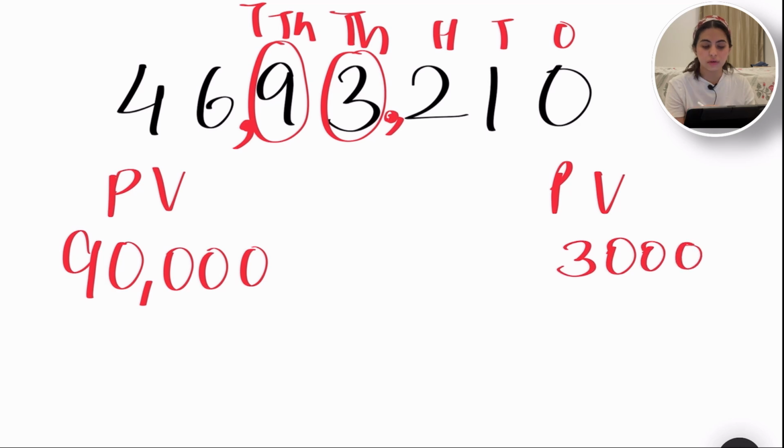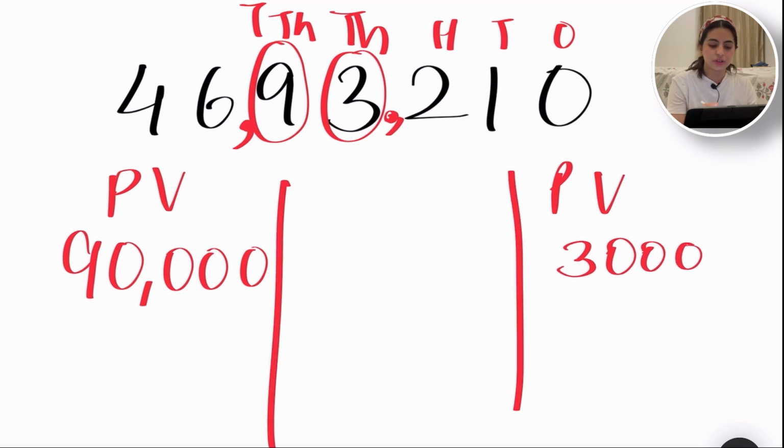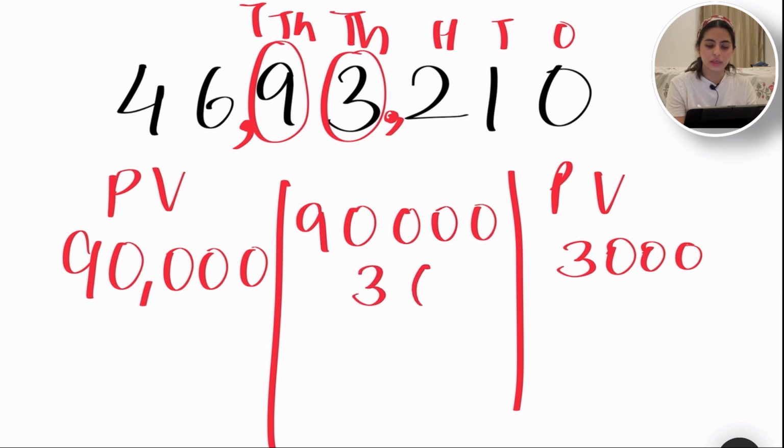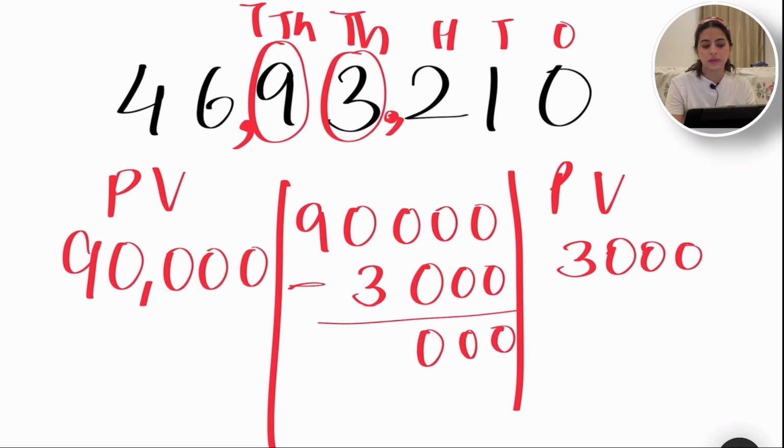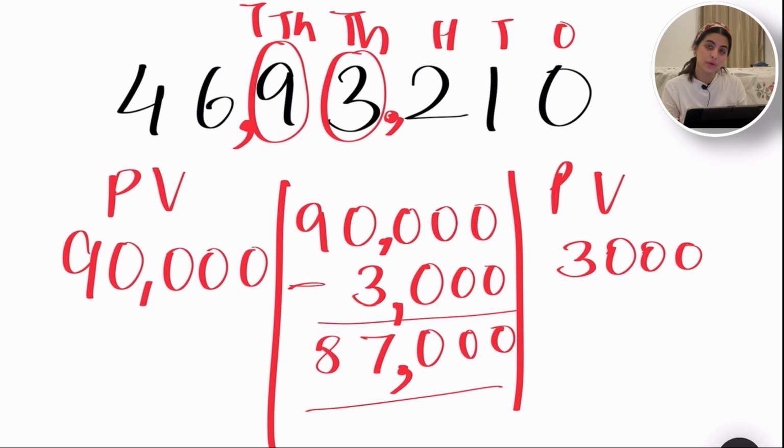We just found that out. So essentially the difference would be 90,000 minus 3000. What would be your answer? Your answer would be 87,000, right?